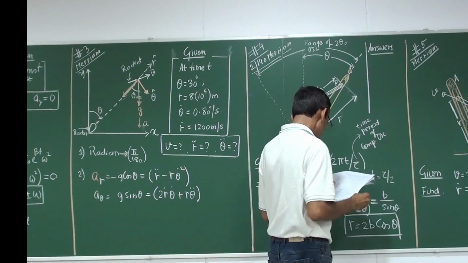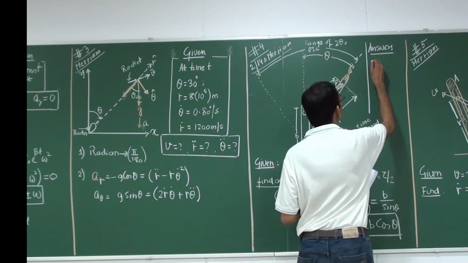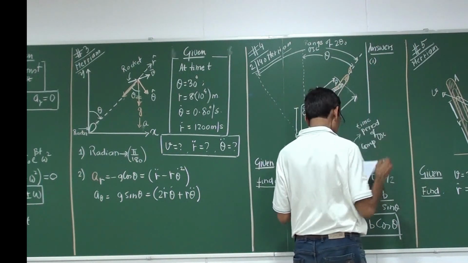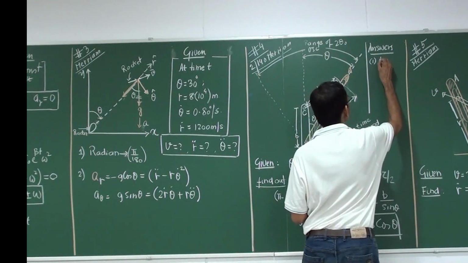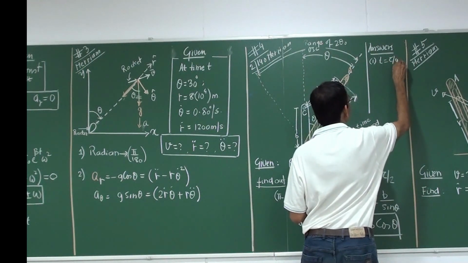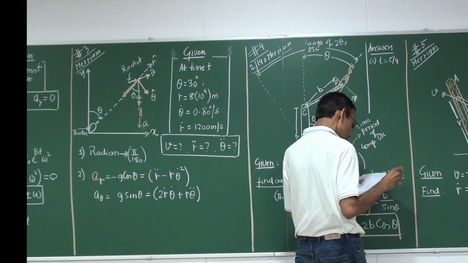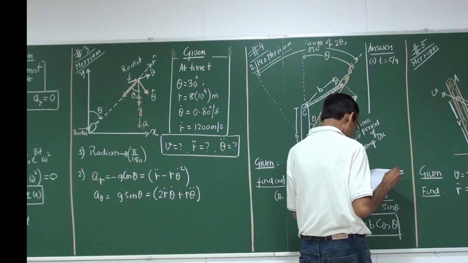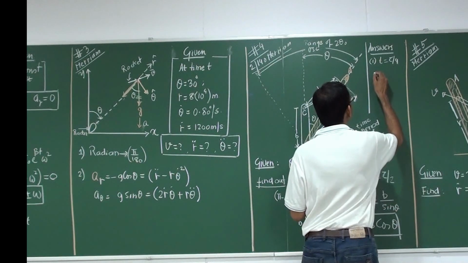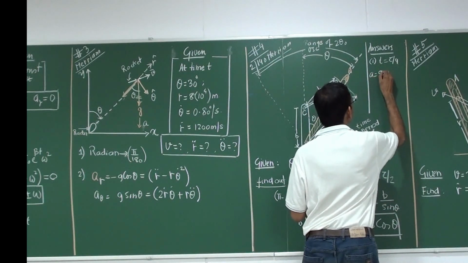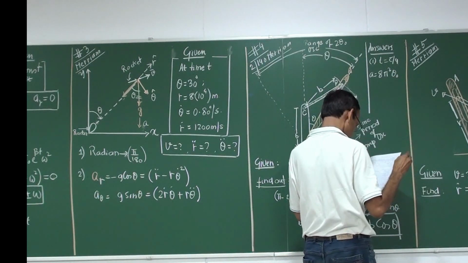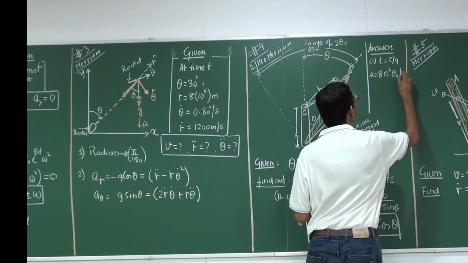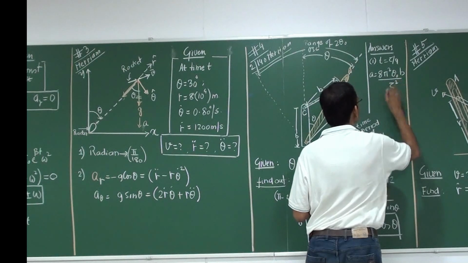A is equal to, for the first case, that is t is equal to tau by 4, the answer is 8 pi square theta 0 b by tau square.